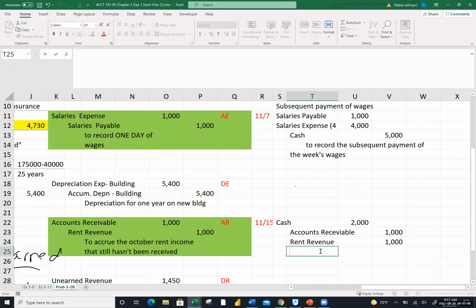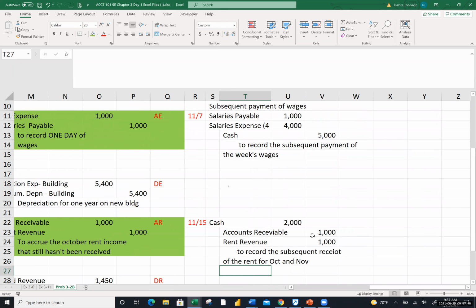So this is to record the subsequent receipt of the rent for October and November. Part of it was already recorded in the last fiscal year because GAAP said we had to do it. And the other half of it is now recorded in this fiscal year as a regular old accounting transaction.